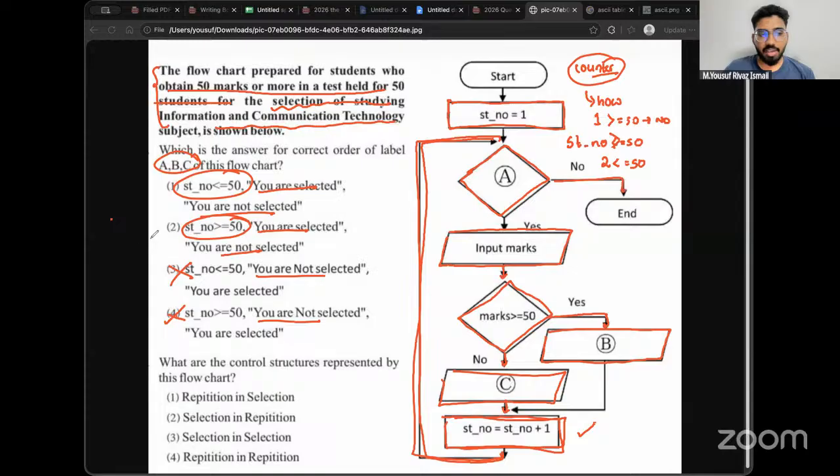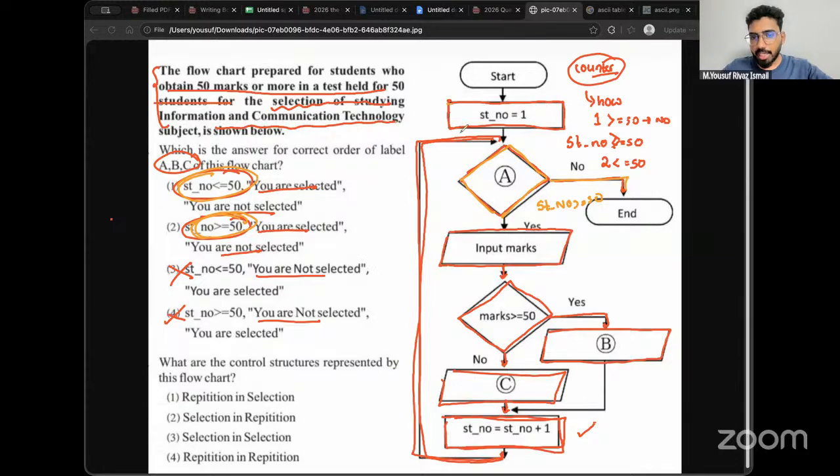So if I have the condition is ST number greater than or equal to 50, then are we even checking one person's marks before the program finishes?